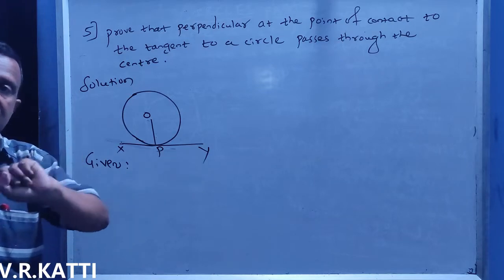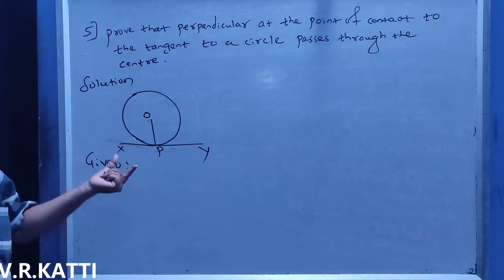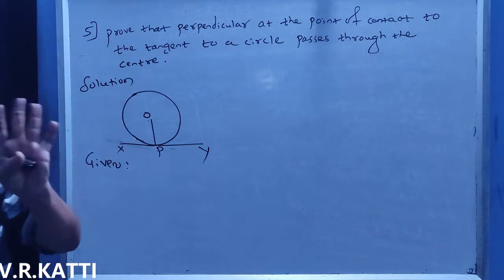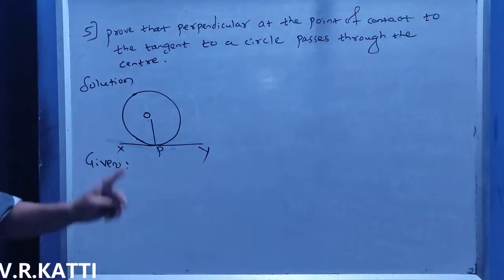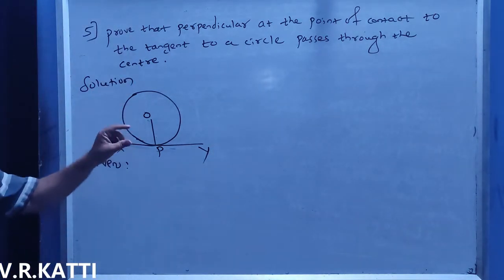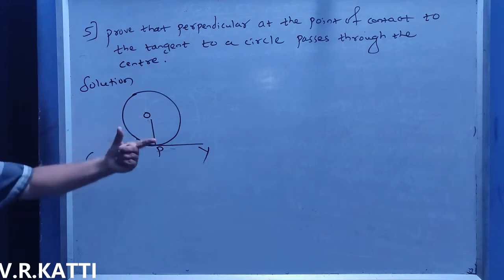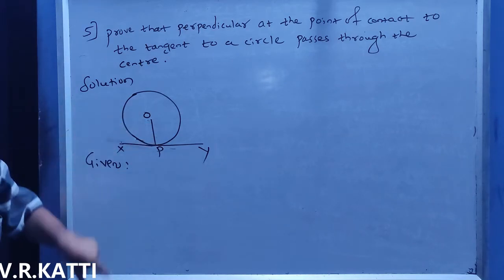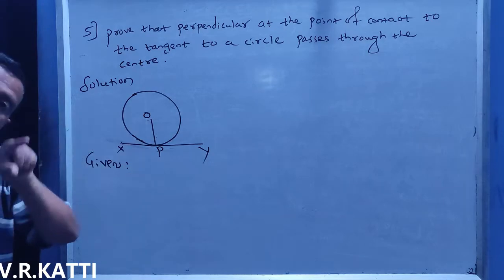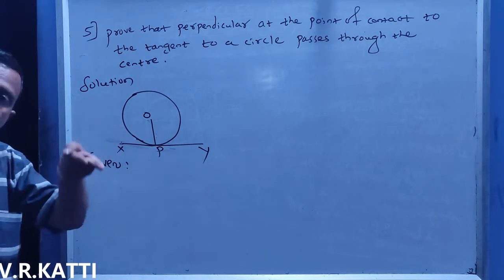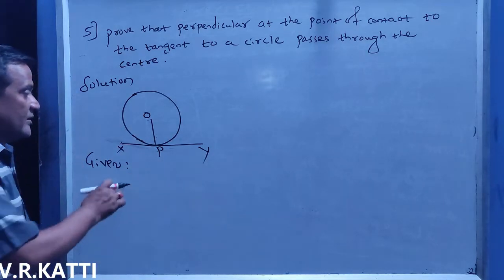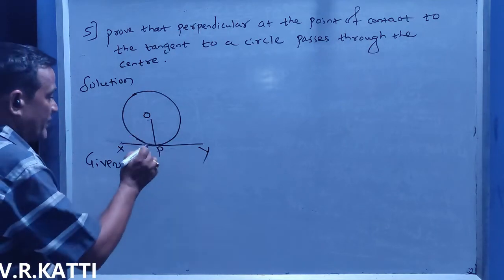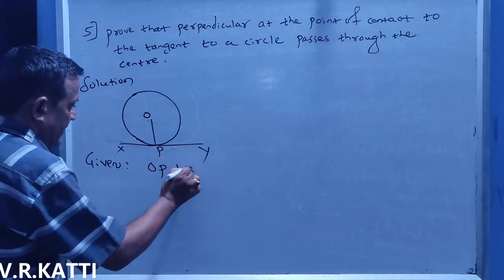Don't write given that O is the center. If you write in the given that O is the center, then it is wrong. You have to prove that O is the center. So given: OP is perpendicular to XY.